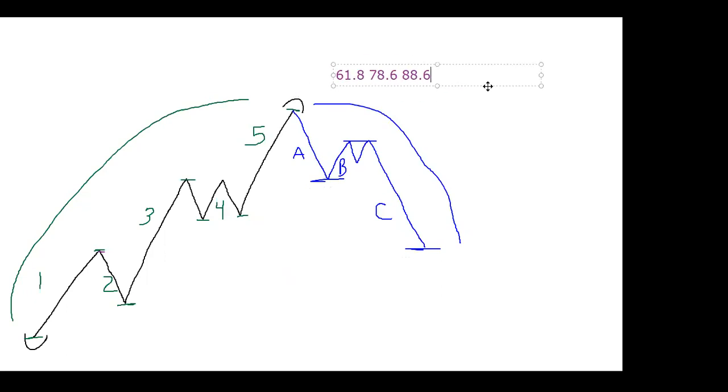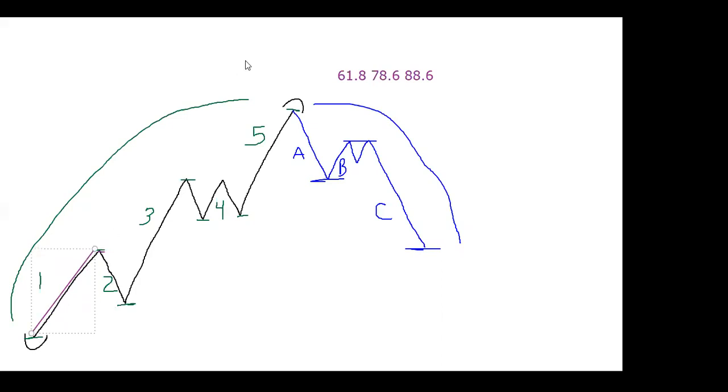Let's move this out of the way. So what that really looks like is, let me see if I can draw something for you real quick. For instance, on this retracement right here, if we wanted to catch this next move up, that next wave up, which is what we want to do, we wait for the market to pull back against this trend, find some kind of support. Then we would fib from this low to this high.